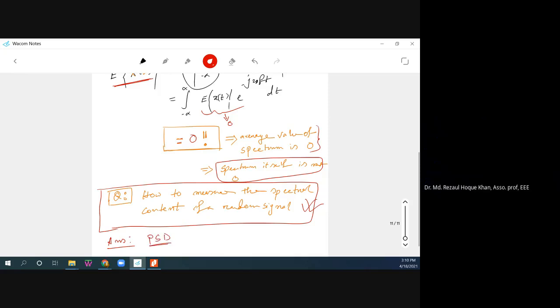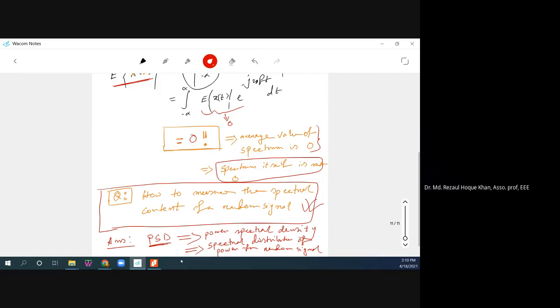power spectral density. So what is the power spectral density? Power spectral density will actually give us the spectral distribution of power of a random signal.